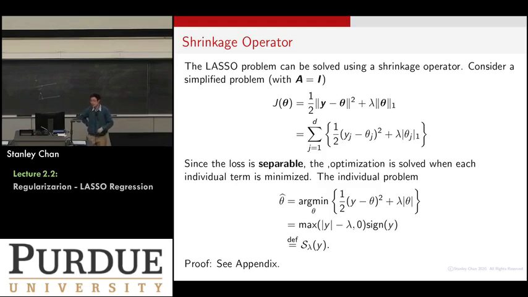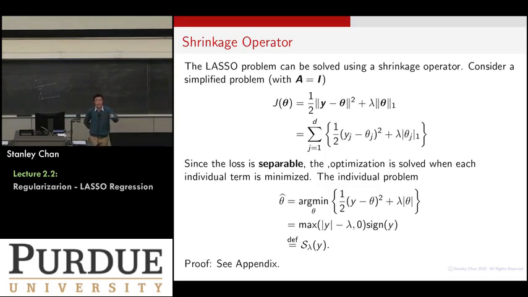So I can just look at one small problem, which is a scalar problem, where you have y and theta squared, and then you take a 1/2, and then there is a lambda and absolute value of theta. This is a one variable minimization problem.